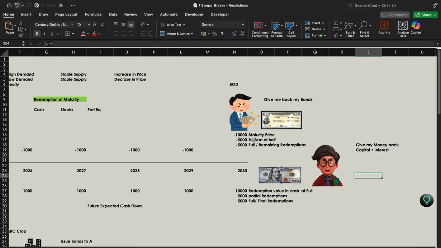And here you may see different types of redemption at maturity. For example, let's say the company wants to pay 10,000 in a split: 5,000 now and 5,000 later on. That becomes partial redemption, which we have already discussed.